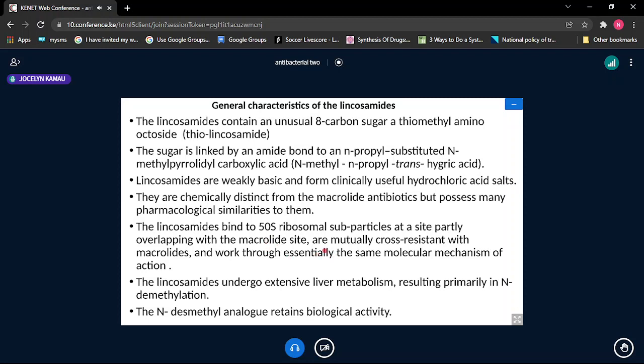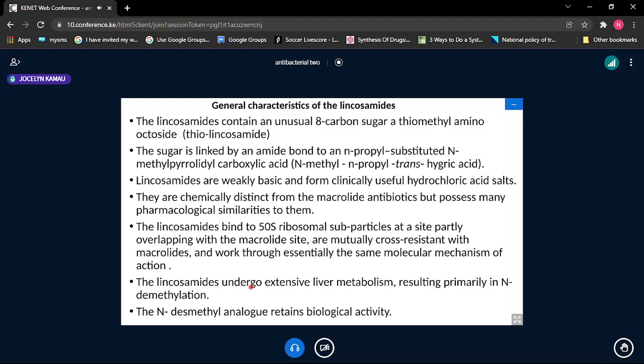This cross-resistance is not structure related, it is mechanism related, because these drugs have a very similar mode of action. So if the receptor, let's say, is blocked or modified, it will be modified both for the macrolides and for the lincosamides, and therefore there can be that cross-resistance.